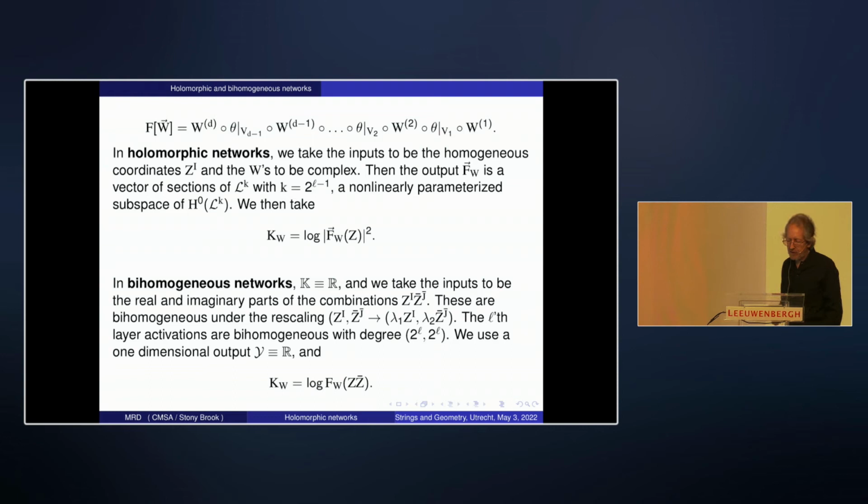And then the other choice is to say, well, we know we need a real valued Kähler potential. We in some sense need a bihomogeneous function. Instead of constructing these holomorphic sections and then taking a square, let's just construct the bihomogeneous combination from the start.